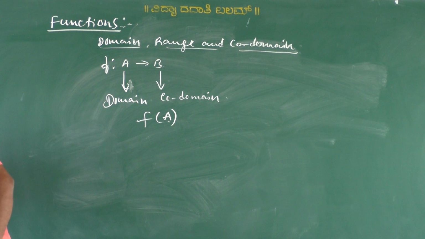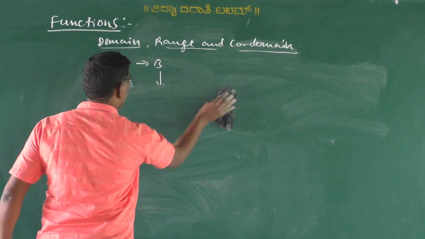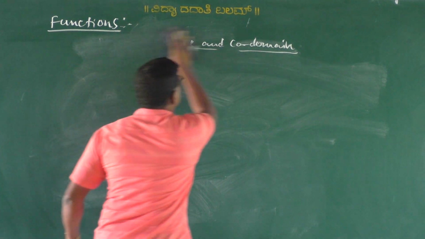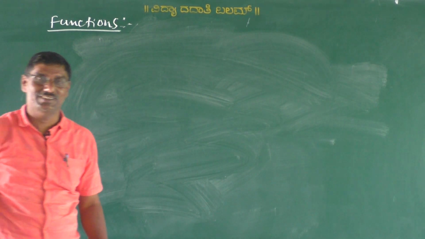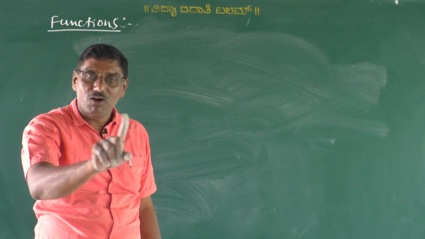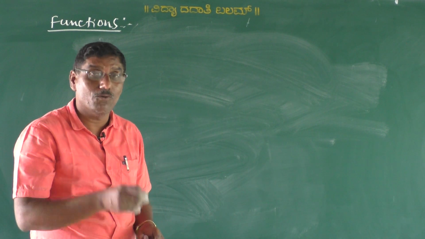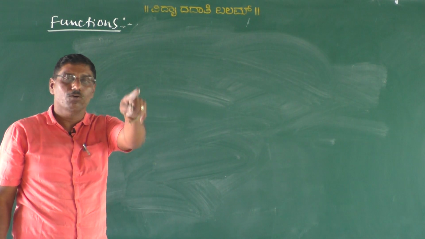Next, we have to move on to real valued functions. But my dear students, range is always a subset of codomain. That is, we have to keep in our mind: range is always a subset of codomain.